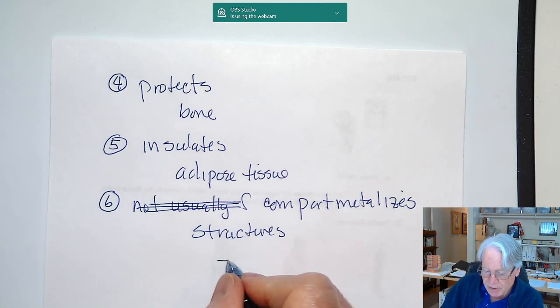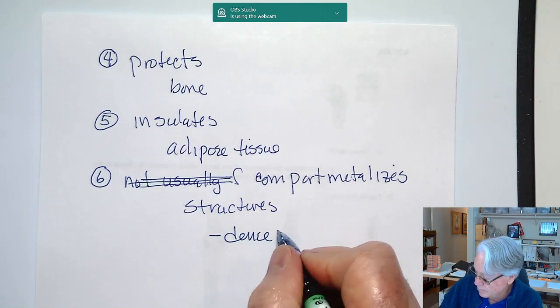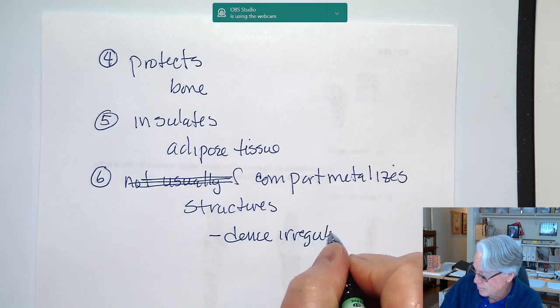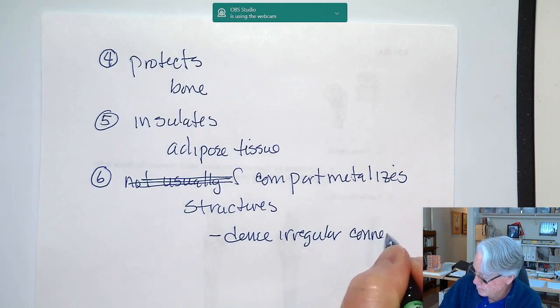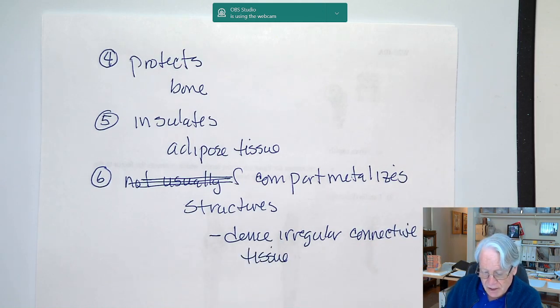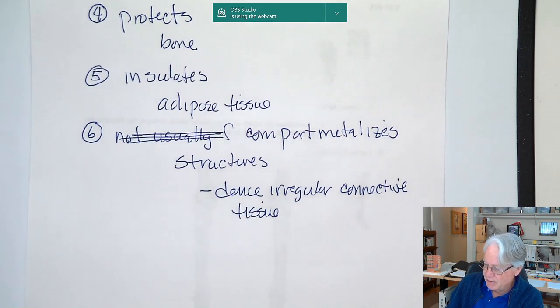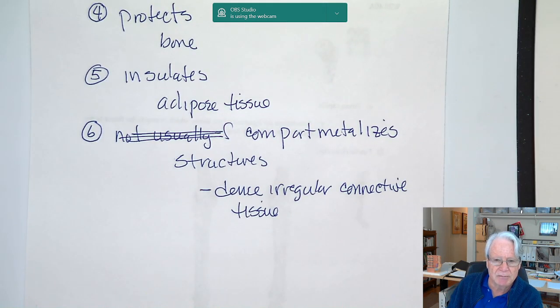So a good example of this would be dense, irregular connective tissue. Dense, irregular connective tissue can be found surrounding groups of muscles and a variety of other structures. So it creates compartments within the body. And we'll see that play out in a number of instances, especially when we're looking at muscles. We'll see that quite clearly.